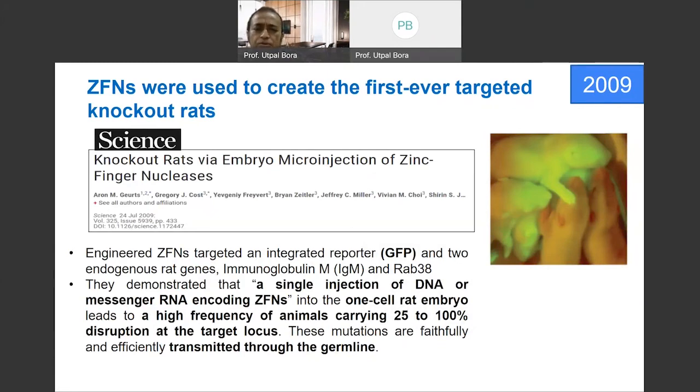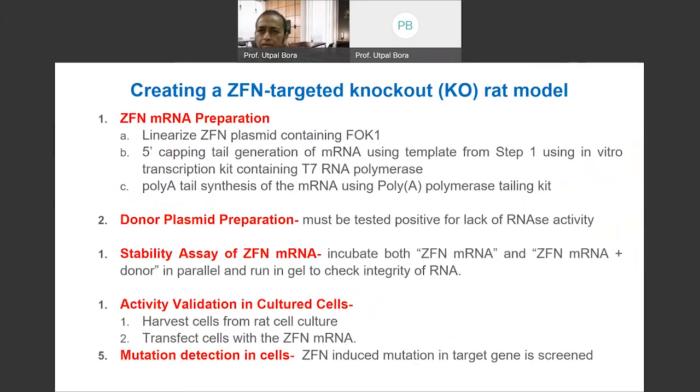There was a lot of success with such Zinc-finger nucleases, which were able to knock out different types of genes in rats. So they were able to come up with a knockout rat model using such Zinc-finger knockout systems.